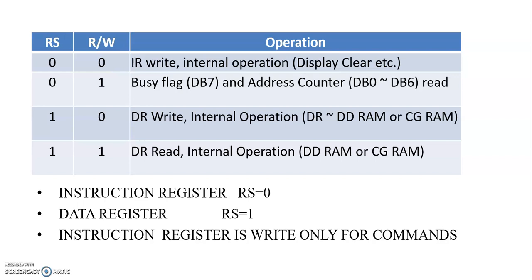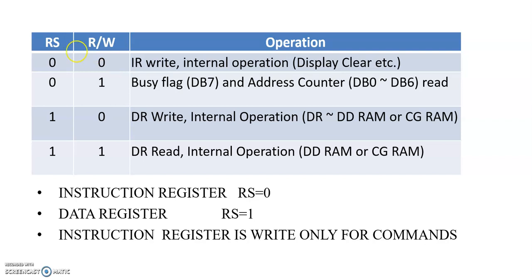If RW bar is 0, that means writing into the register. If RW bar is 1, it is a read operation from the LCD. Here RS 0 and RW bar 0 means instruction register write, an internal operation. With RS 0 and RW bar 1, the busy flag is read, that is DB7 equal to 1, along with the address counter.